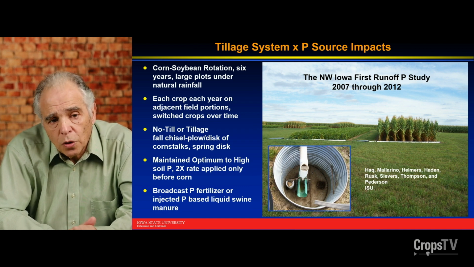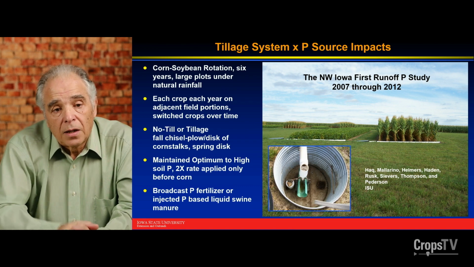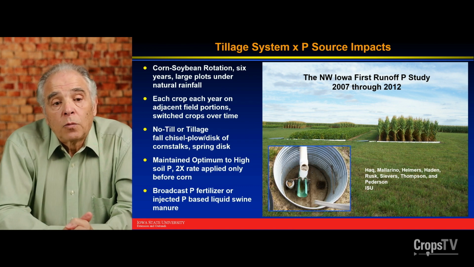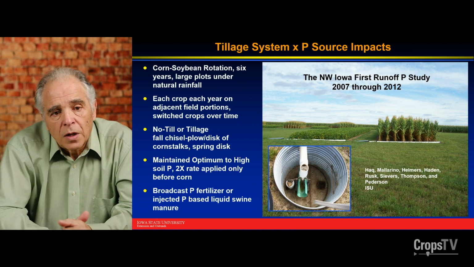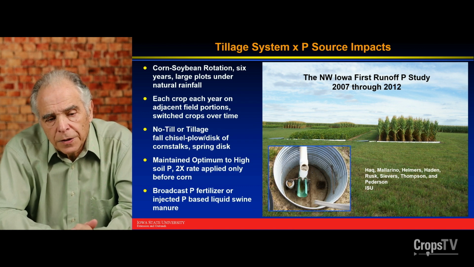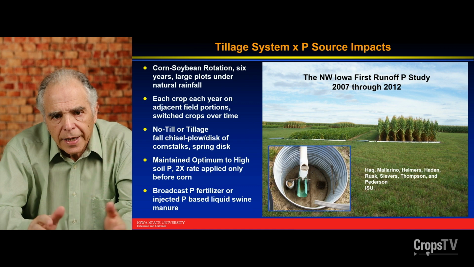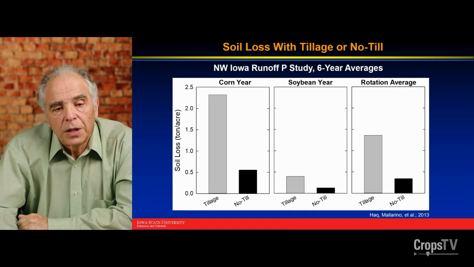The sources were broadcast phosphorus fertilizer, with both tillage systems, and injected P-based liquid manure with both tillage systems, injected with a no-till and also with a chisel plow. We applied nitrogen fertilizer, so it wasn't limiting.